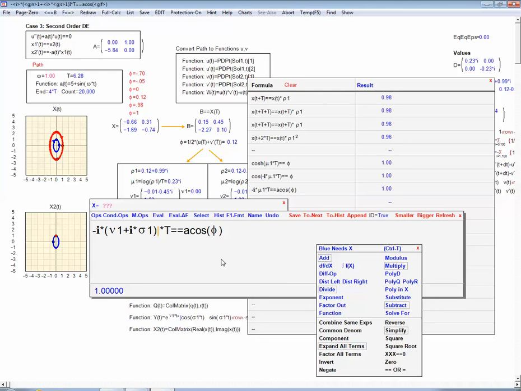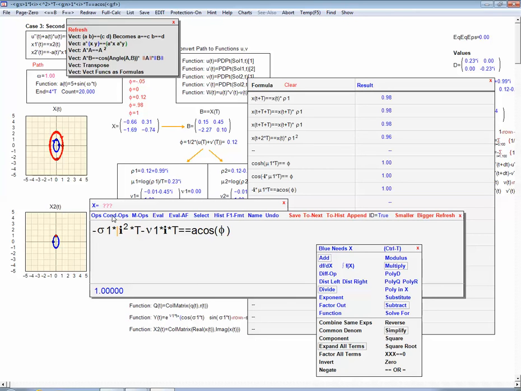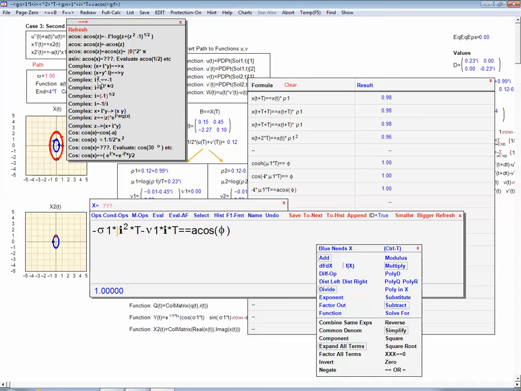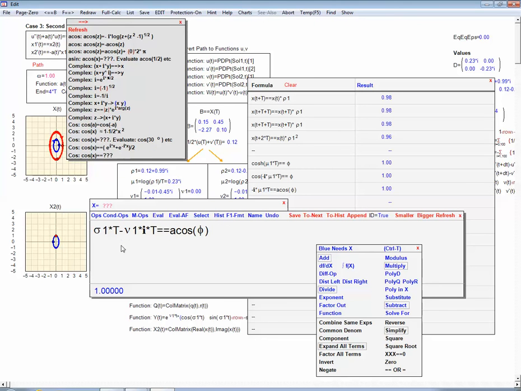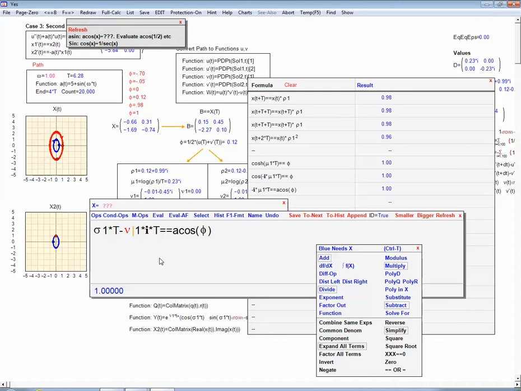And if we expand all terms, and that i squared we can turn into minus 1. i squared is minus 1. And now, suppose nu 1 were something other than 0.